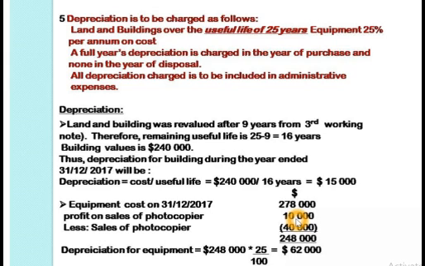Now when we add this 10,000 back to this, we are getting the actual value of the equipment. From this we are going to subtract the value of the old photocopier which we have disposed to get the cost of equipments. Once we get the cost of equipments, we will multiply it with 25% which is given in this adjustment, and we will get the value of depreciation for equipment as $62,000.